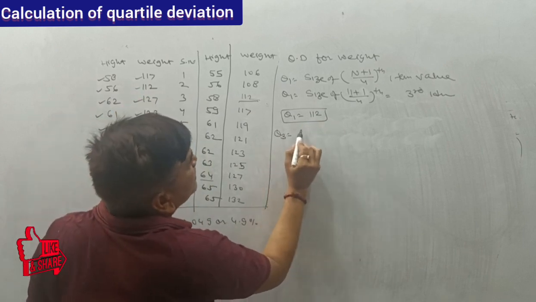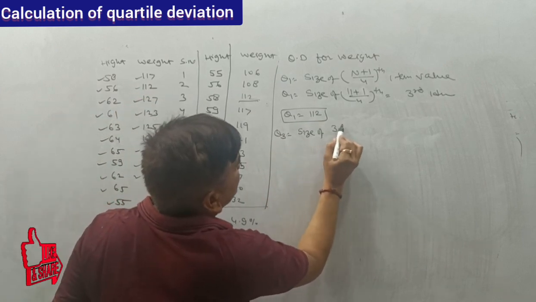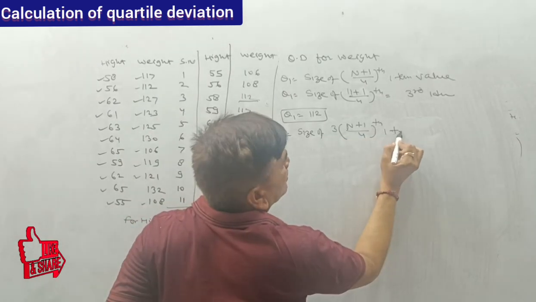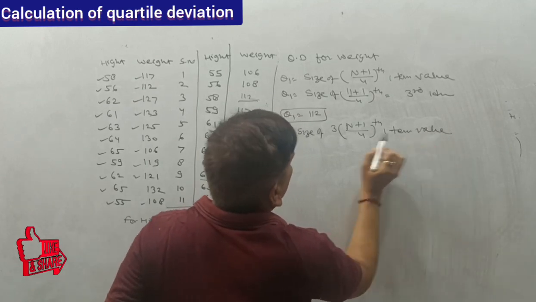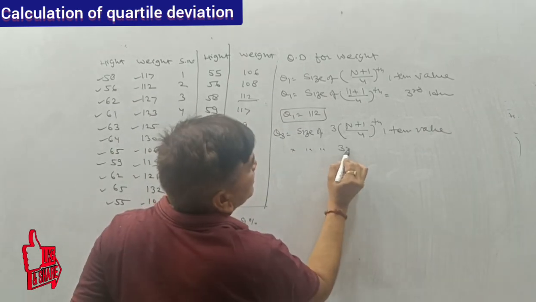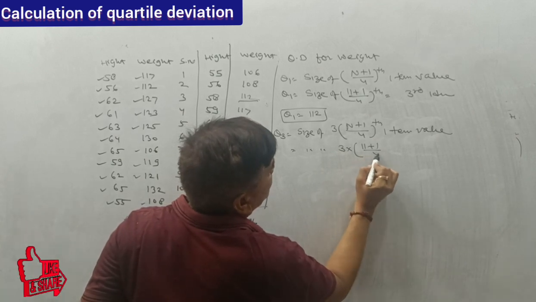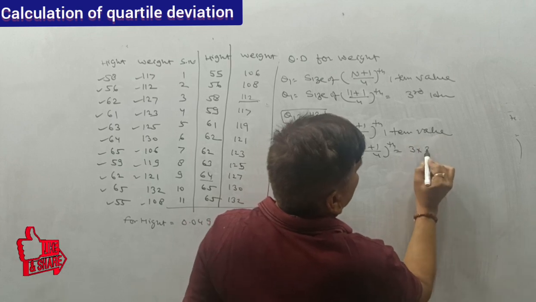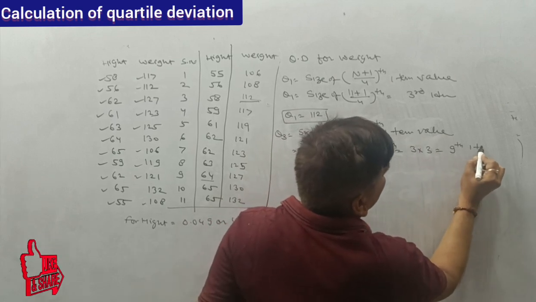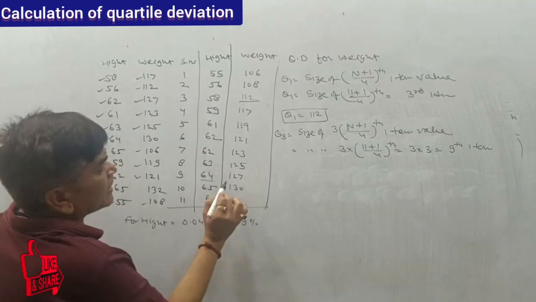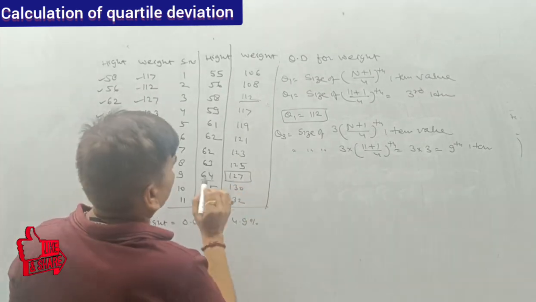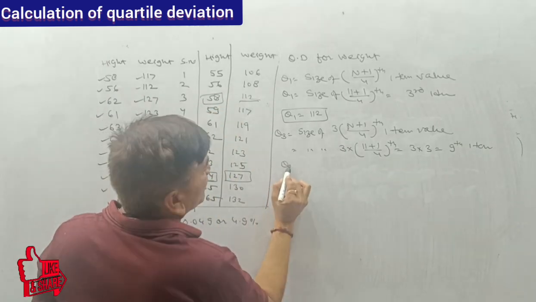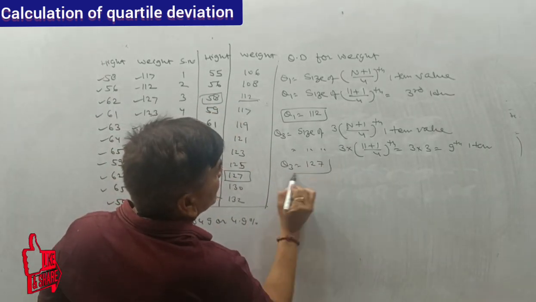Similarly, Q3 is equal to the size of 3(n plus 1) upon 4th item value, that is 3 multiplied by 3, that is the 9th item. The 9th item is 127. So the value of Q3 is equal to 127.